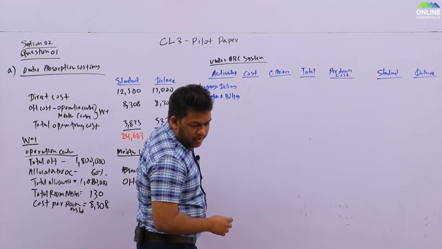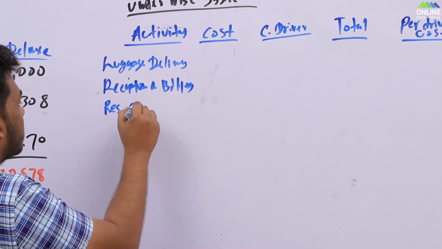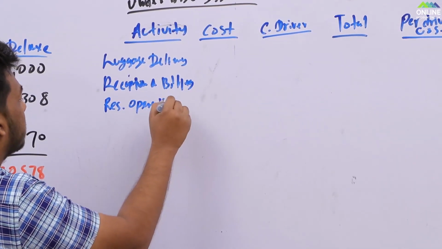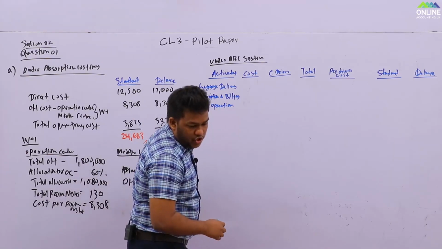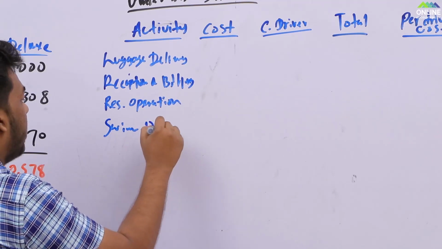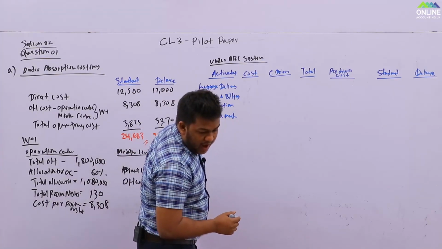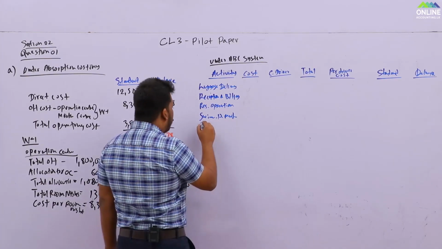Then you have restaurant operation. Then swimming and pool maintenance. Then you have handling, pickup and drop off.